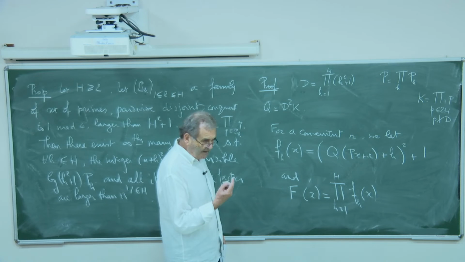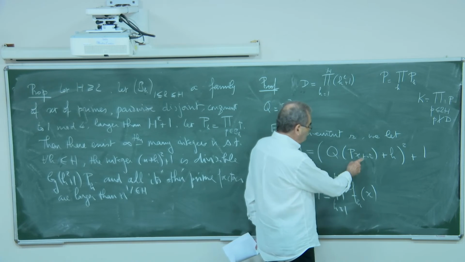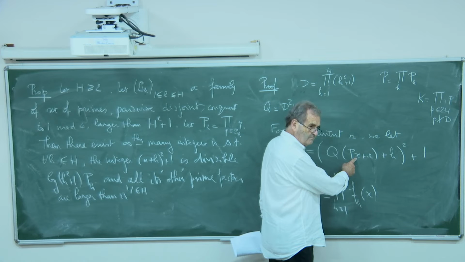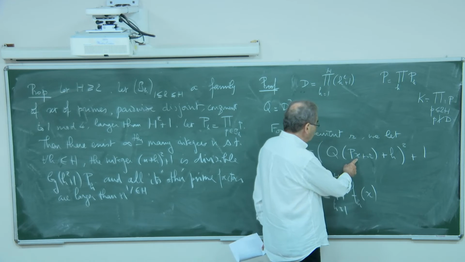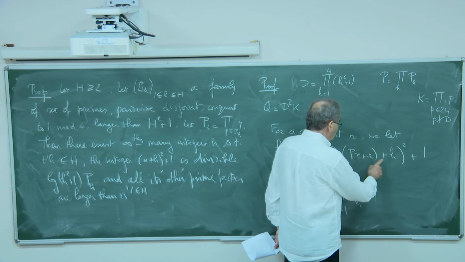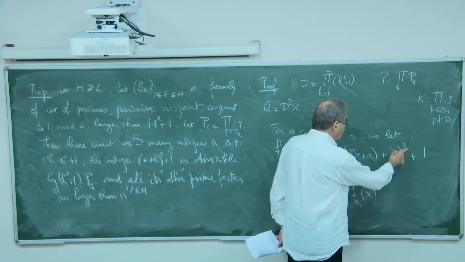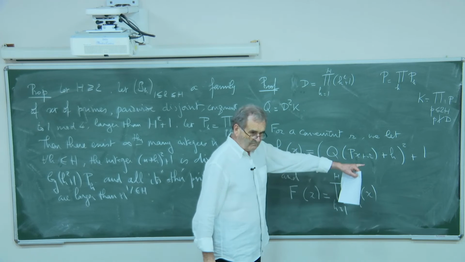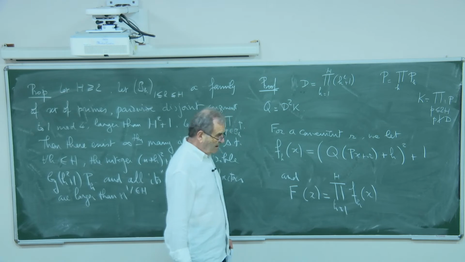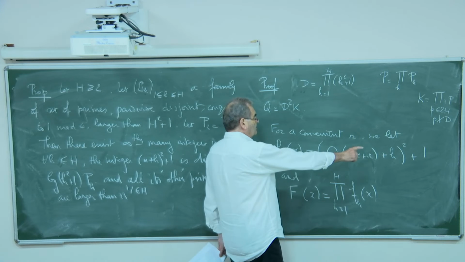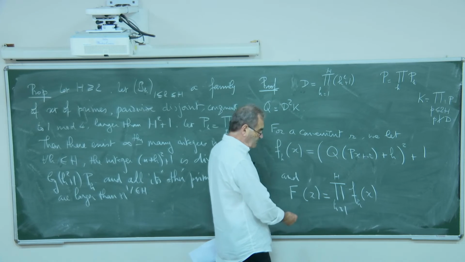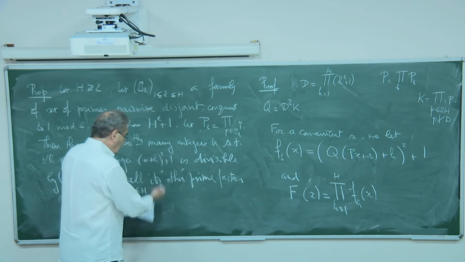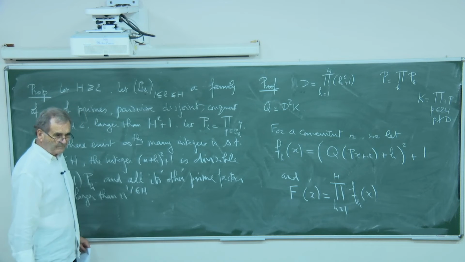If I take one value of x, then this is essentially something which is (m plus 1) squared plus 1, (m plus 2) squared plus 1, and so on, consecutive values. So what I would like to say is that in this number there is no fixed prime divisor, and so all the factors are large.